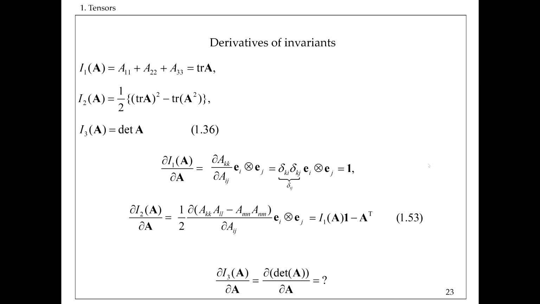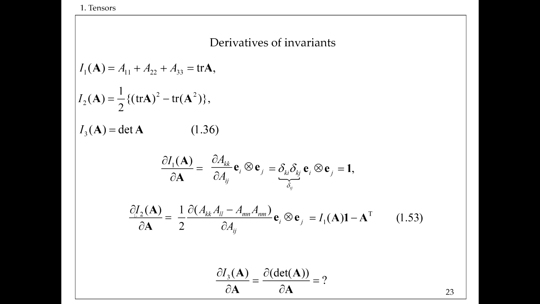Last lecture we derived very important quantities and relations between the invariants of a second order tensor and the derivatives. For the first invariant, the derivative with respect to the same tensor, we showed that this is just an identity tensor.